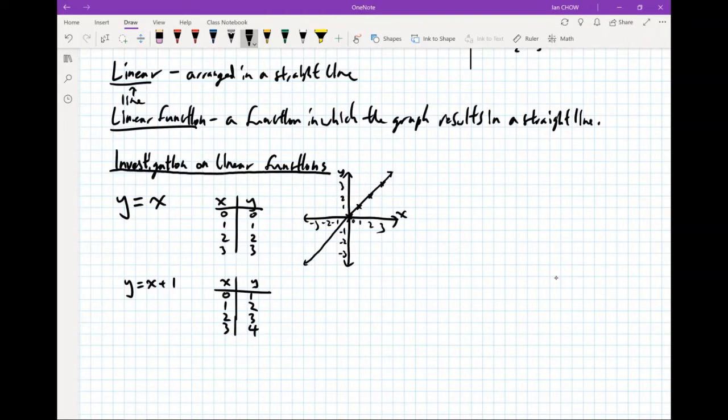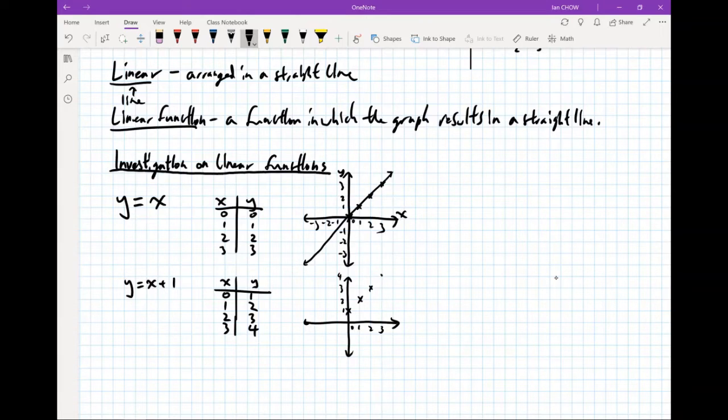So what would this graph actually look like? Let's go ahead and plot it out. We have 0, 1, 2, 3 and 0, 1, 2, 3, 4. When x is 0, y is equal to 1. When x is 1, y is equal to 2. When x is 2, y is equal to 3.